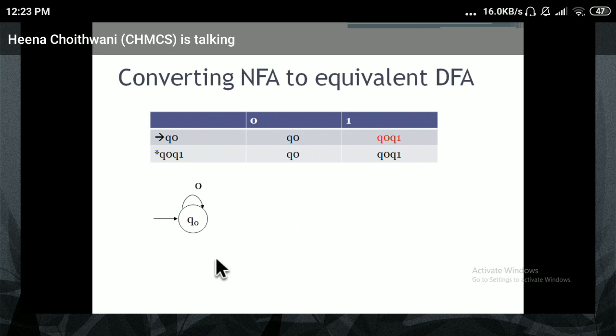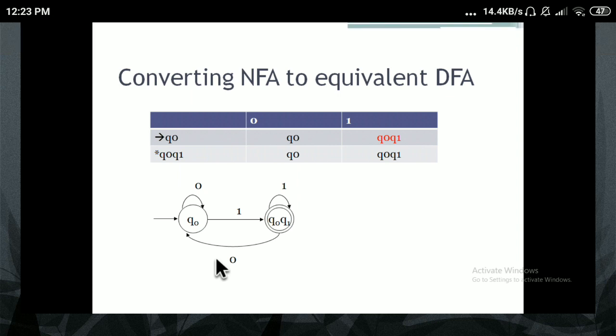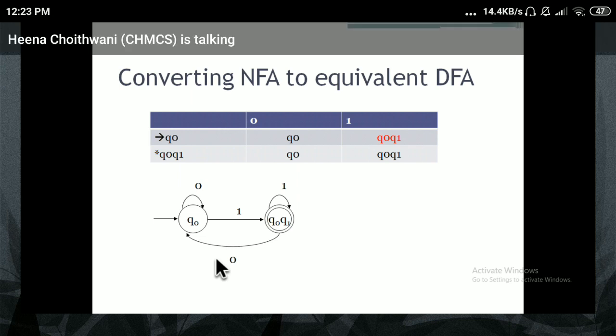Q0 on 1 will move to the new state, that is Q0, Q1. So here is your new state Q0, Q1, and that is my final state, right? We have a transition on Q0, Q1 on 0, will move to Q0. Check here. Q0, Q1 on 1, we have a loop. Okay? Is it clear?